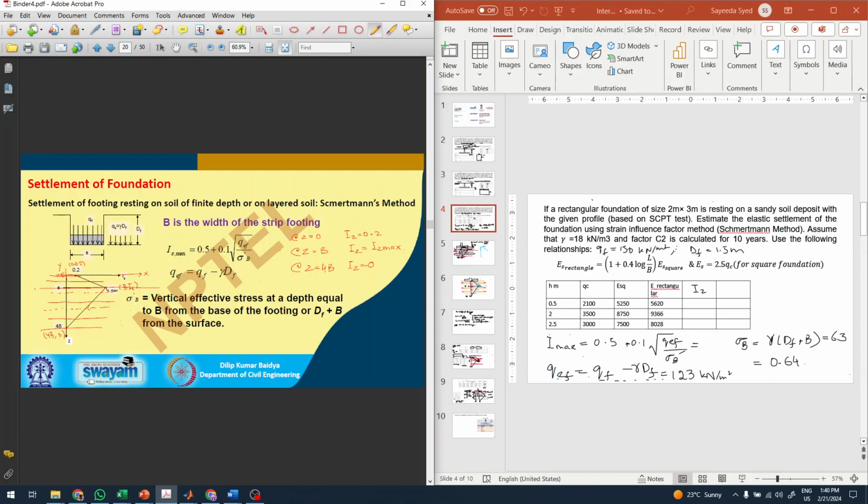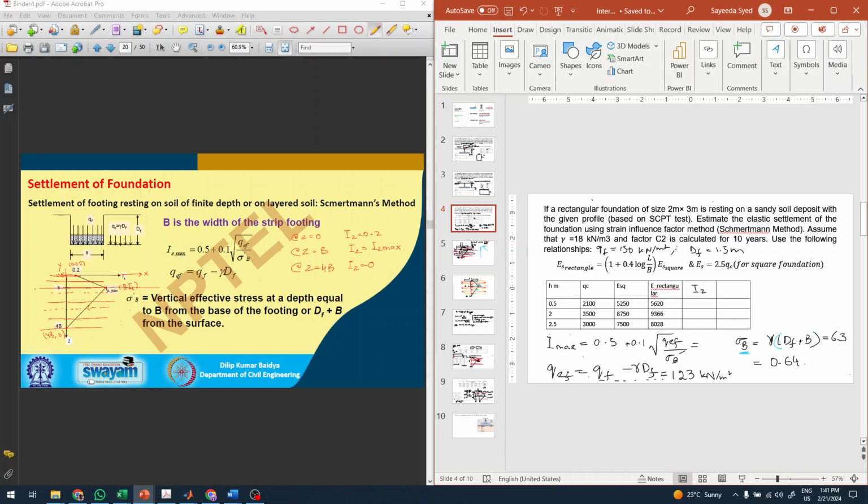So we calculated Q effective is QF minus gamma DF, where QF is 150 and gamma DF is 18 times 1.5. So we will get 123 kilonewton per meter square. And sigma B is the effective stress at a depth B below the foundation.